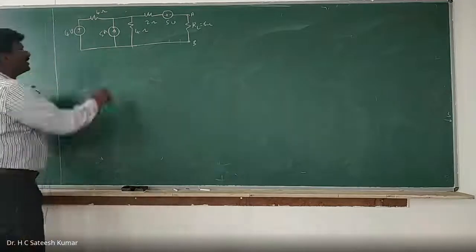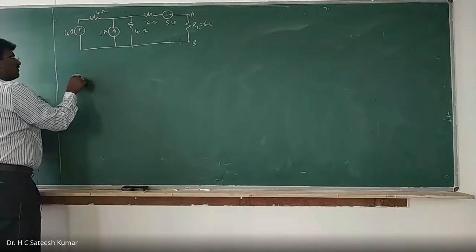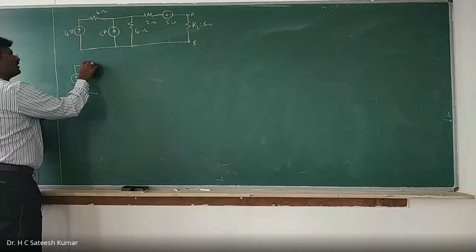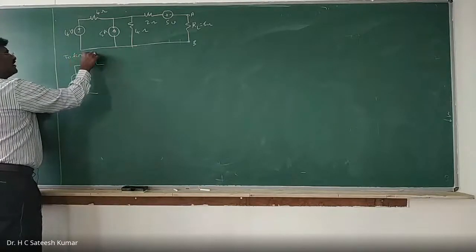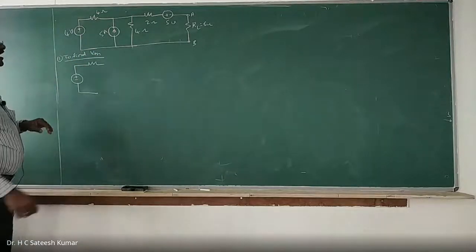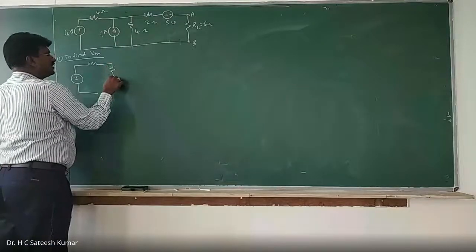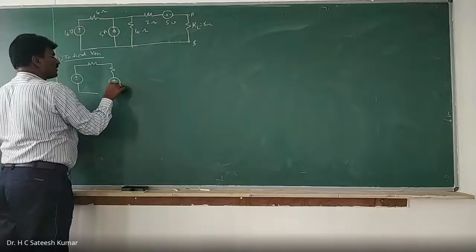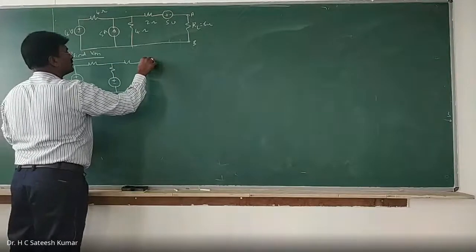Now, a current source in parallel with a resistance can be converted into a resistance in series with a voltage source, plus minus. Simplify the circuit diagram to find VTH. That is the first step, step 1.